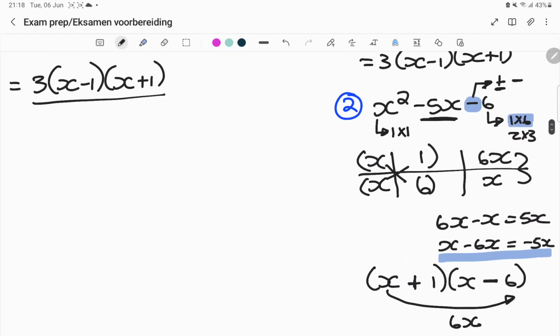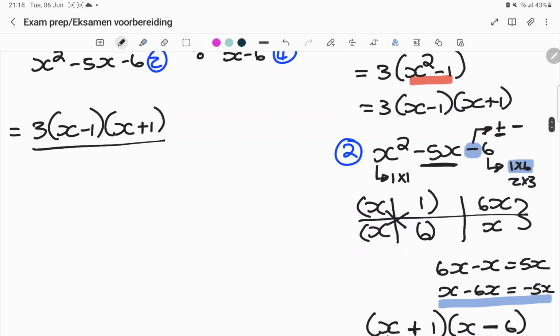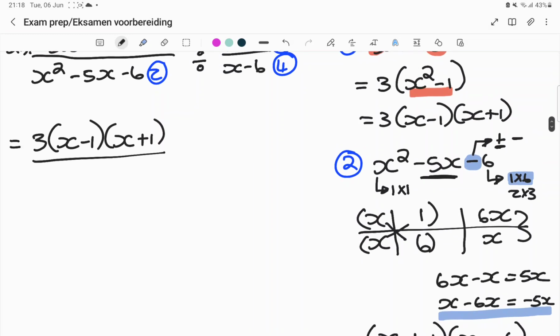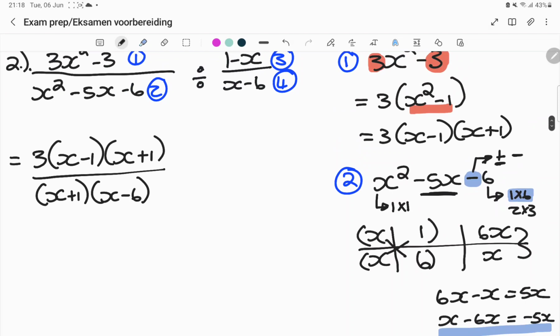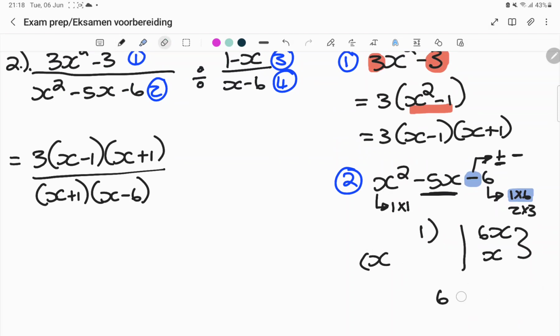So now we take the factorized answer, we put it back into number 2. So number 2 was at the bottom, so it will become x plus 1, x minus 6. Let me just quickly erase all of this so we have place to write new things.